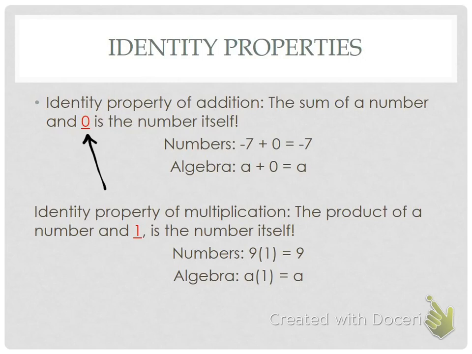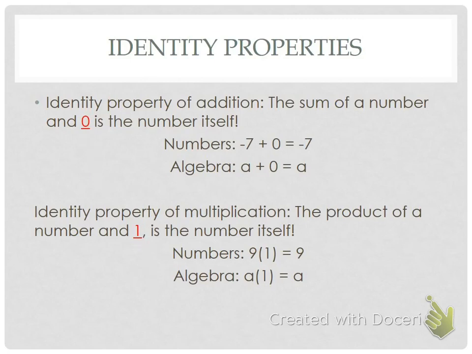Identity property. So what number could you multiply by any number, and the number will always be itself? 1. So that's what we're talking about with the identity property of multiplication. Take any number, multiply it by 1, it's always the number itself. And it applies for algebra as well.